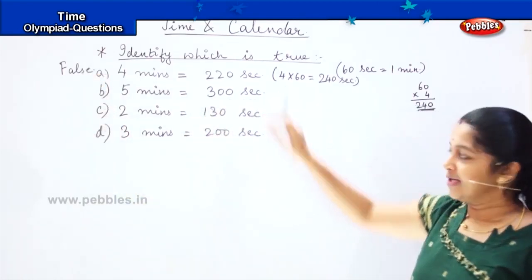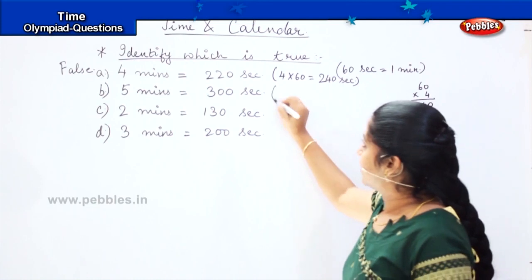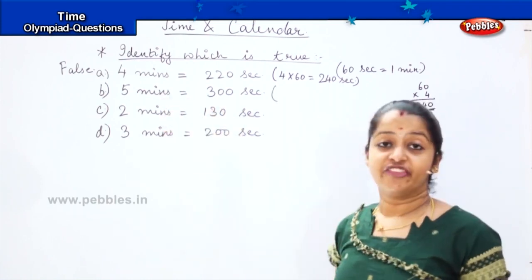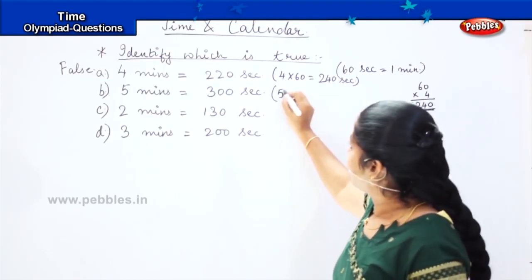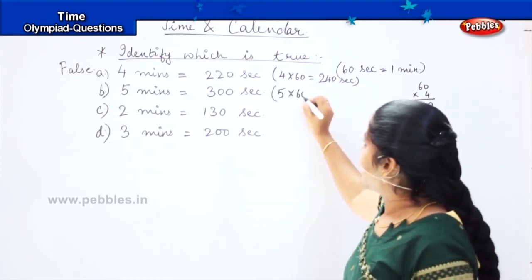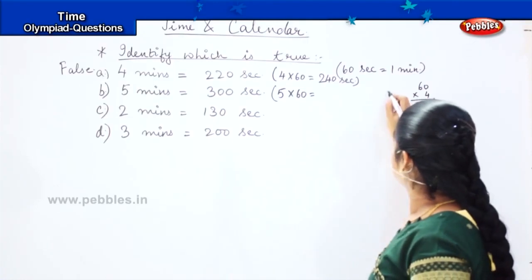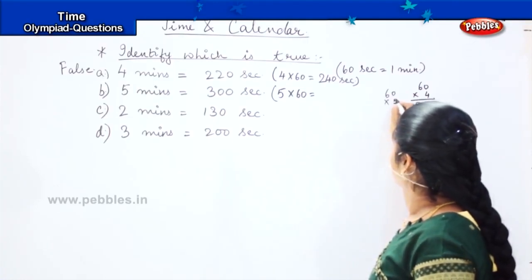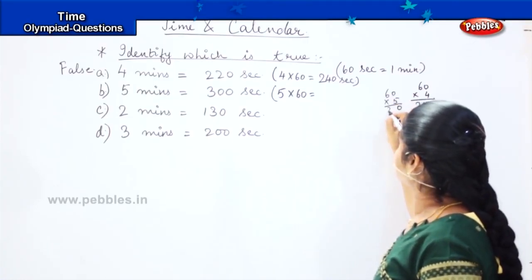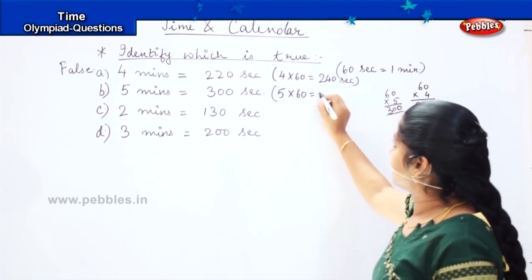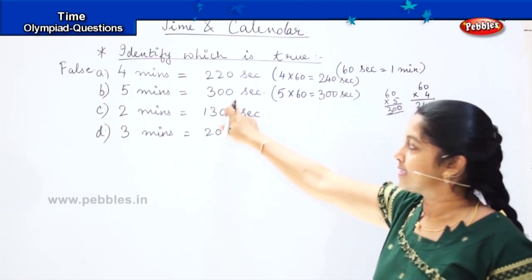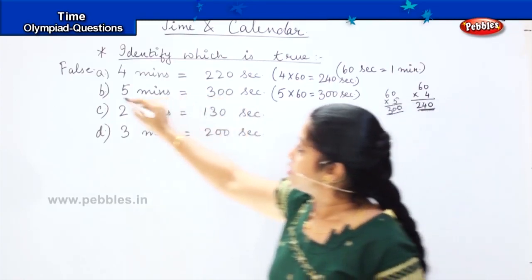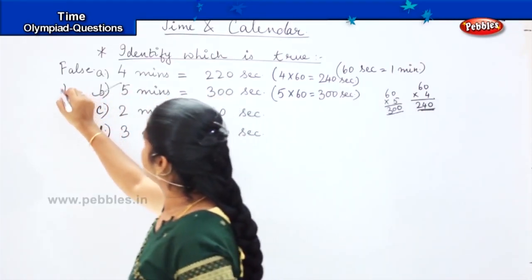Coming to the next one, 5 minutes is equal to 300 seconds. We multiply 5 by 60. 6 5s are 30, so we get 300 seconds. It is correct, so this is a true statement.